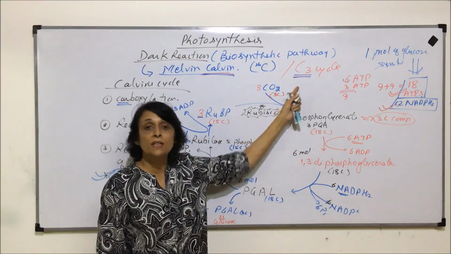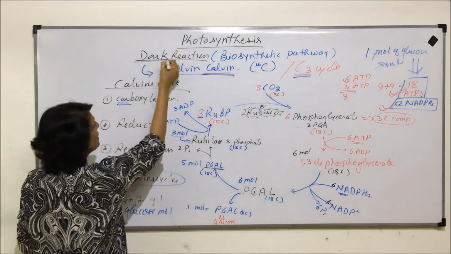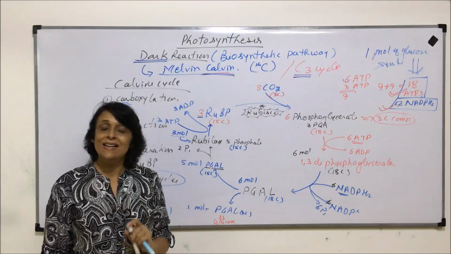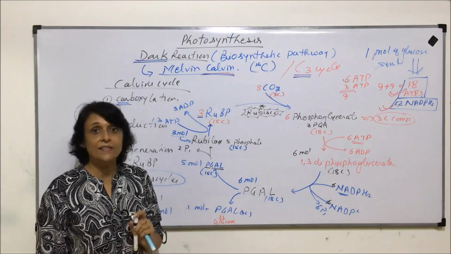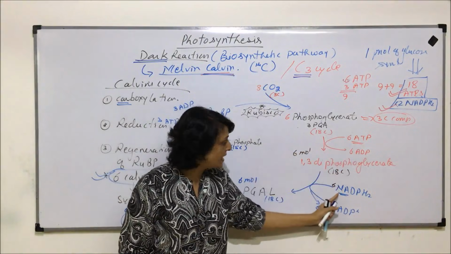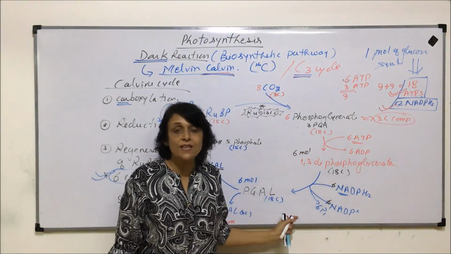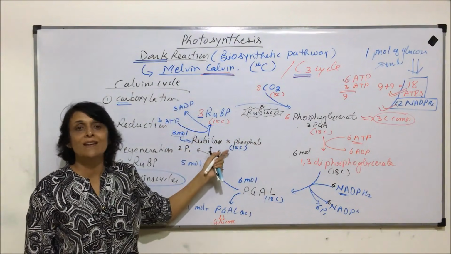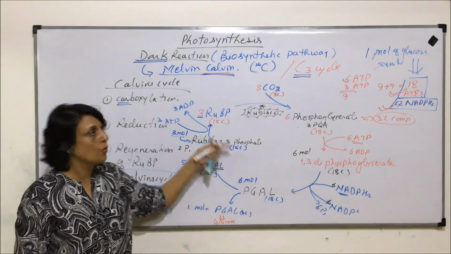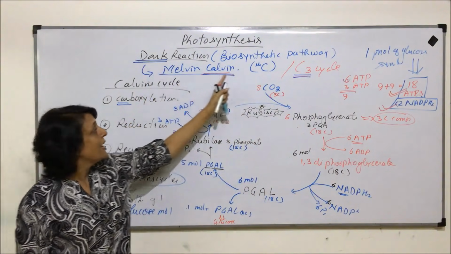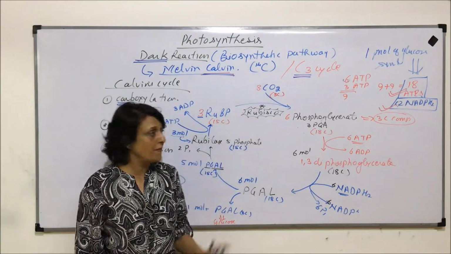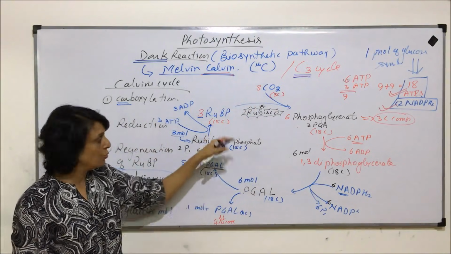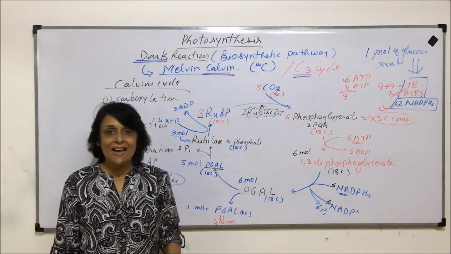It is also known as the dark reaction because it is not dependent on light directly, but indirectly it is dependent, as ATP and NADPH2 which are required for this are synthesized in the light phase. But this pathway can continue in light or in absence of light also. So this term, dark reaction. It is also called the biosynthetic pathway because we are synthesizing carbohydrate or glucose through this process. So this is the dark reaction.